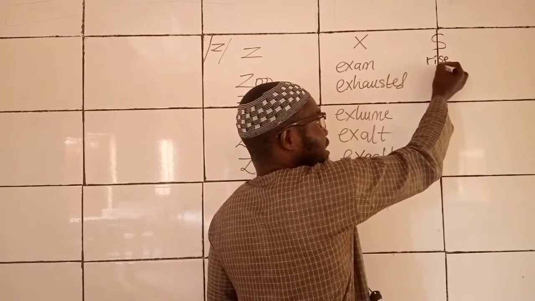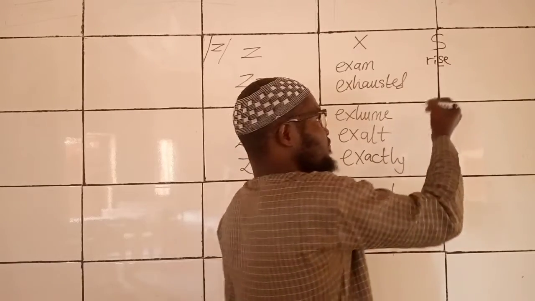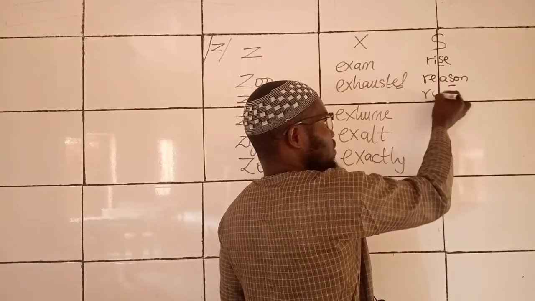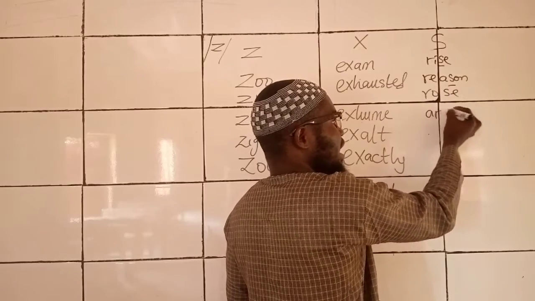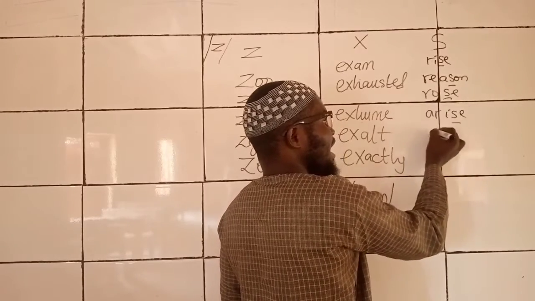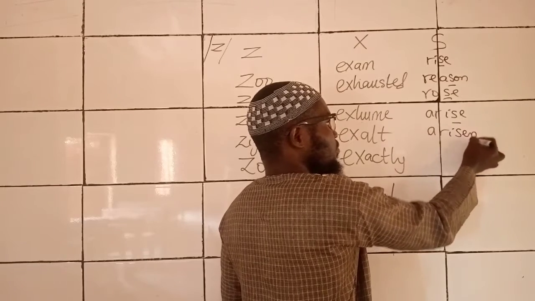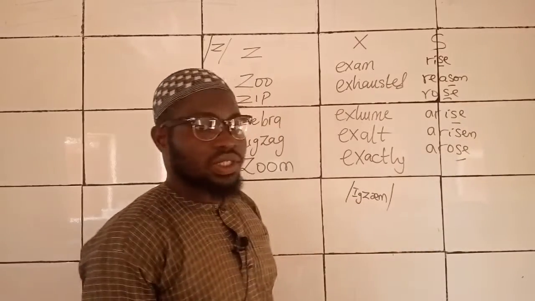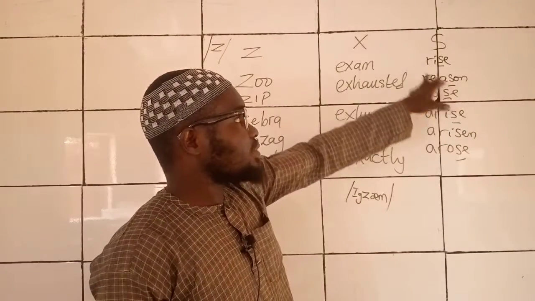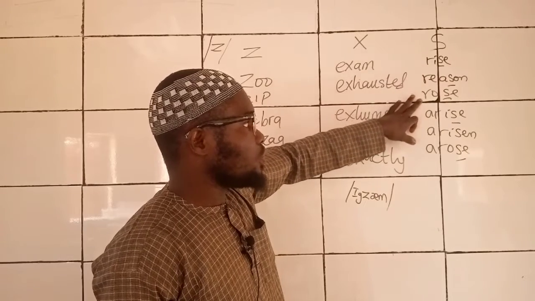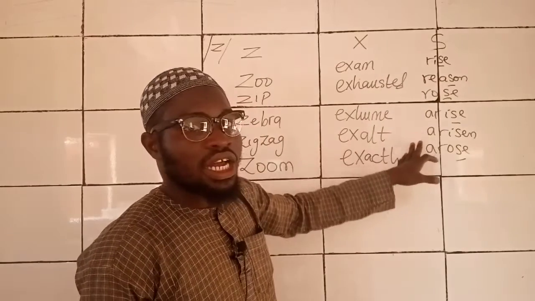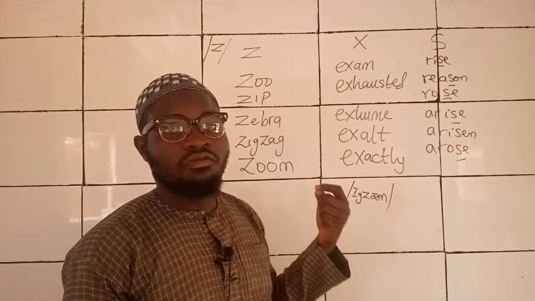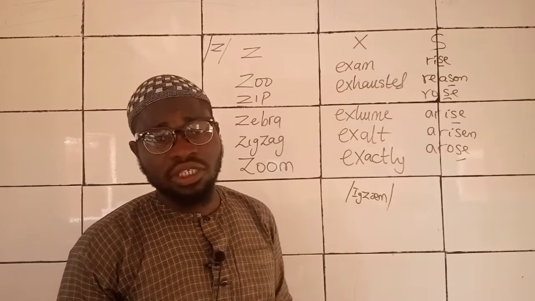So in rise, the letter S here is Z. We have rise, reason, rose, arise, arising, arose, and words like that. These are the three representations of the voiced alveolar fricative.